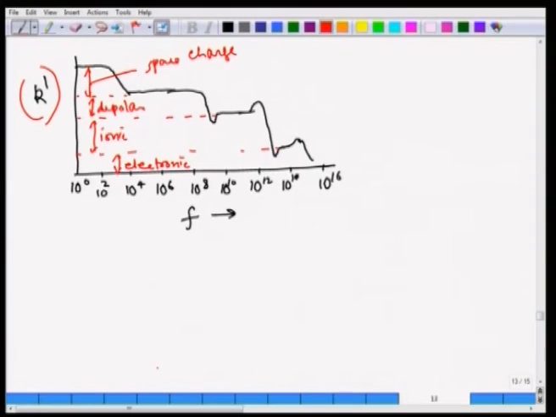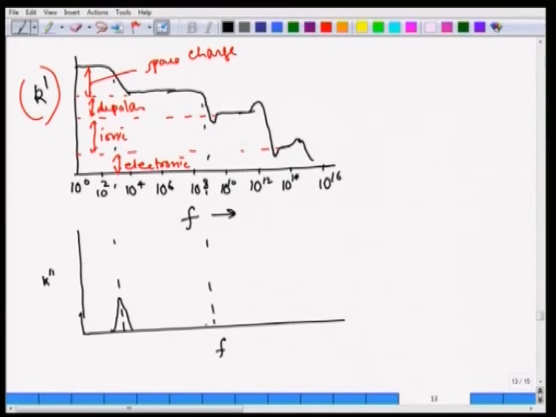Correspondingly, if I plot K double prime, then wherever these changes occur, somewhere here you are going to get a peak. This I have not talked about. There are relationships based on which you can calculate these, but I am not going into that much detail.